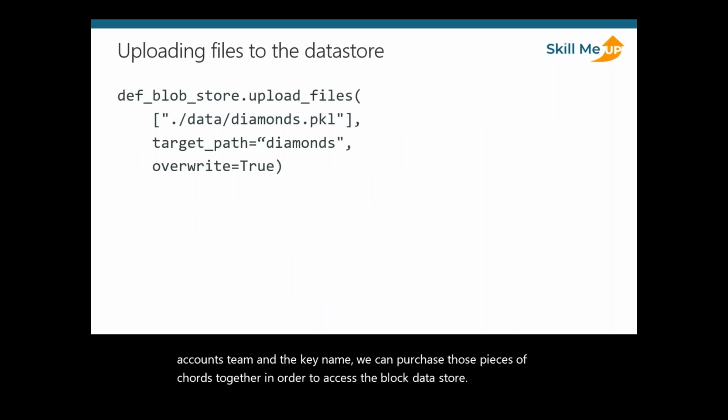We don't have to just deploy datasets to the data store. We can also upload files as well. And here's an example where we can upload files such as a model file. So you can see the pickle file just here.